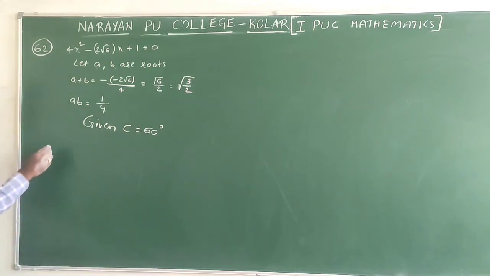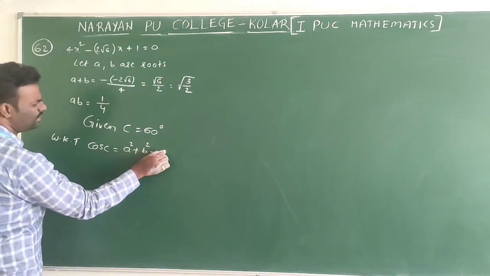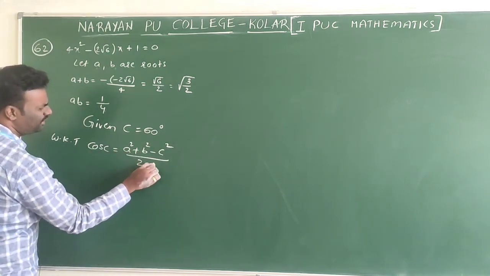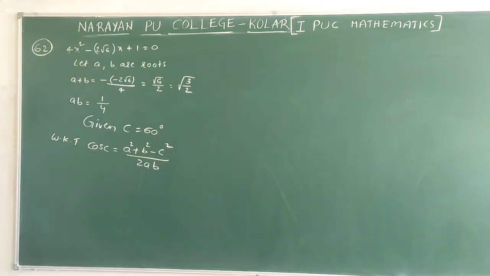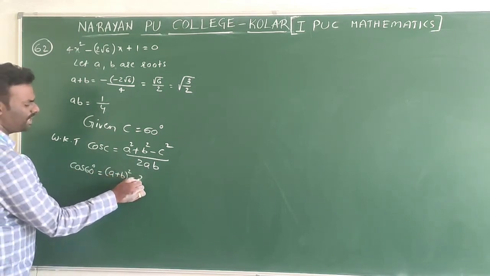That's why. Now I am using the cosine rule. Cos C is equal to a square plus b square minus c square by 2ab. Substitute. Cos 60 is equal to a square plus b square, which can be written as a plus b whole square minus 2ab, minus c square by 2ab.